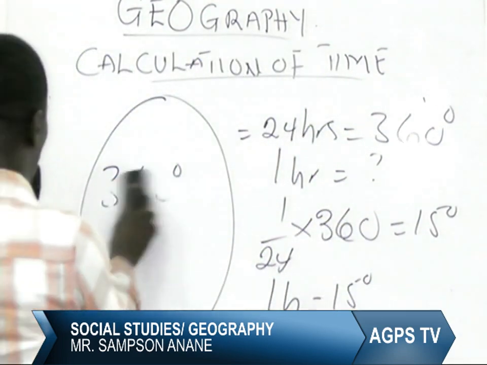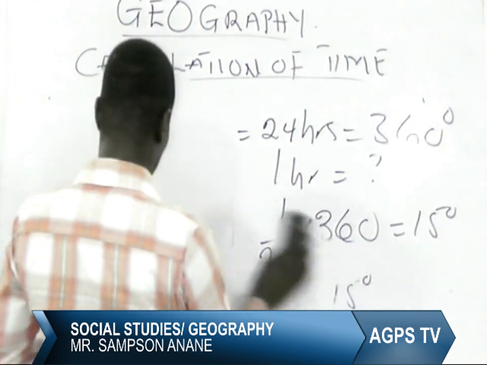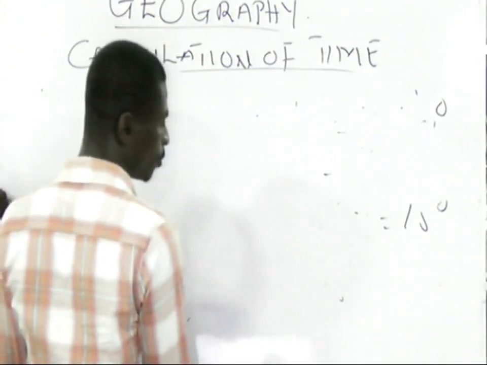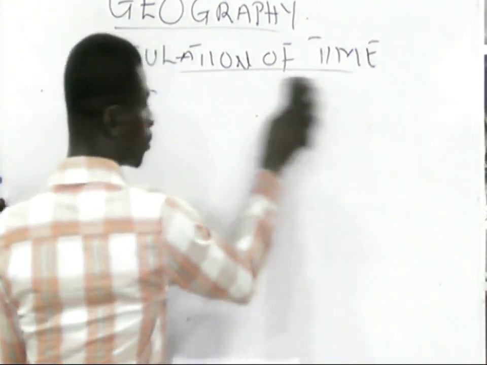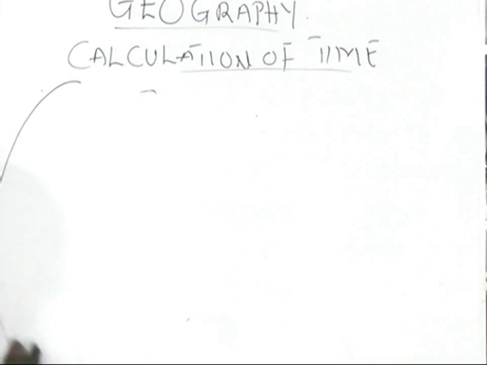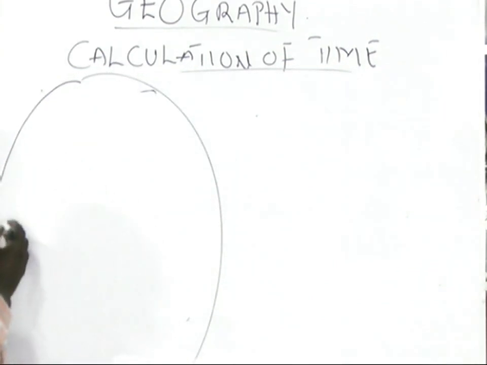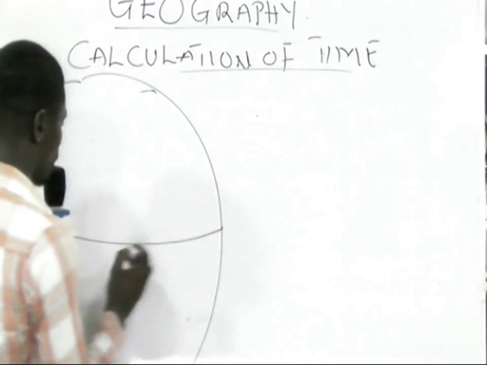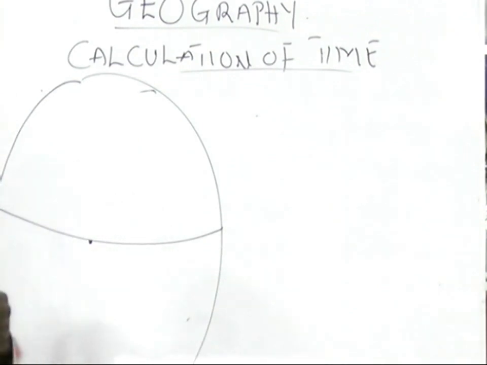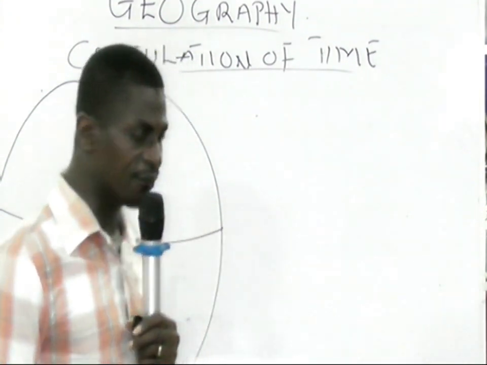So let me also draw a bigger circle. And then let me draw my longitudinal line, and pick a middle point. Because I have just shown the 15 degrees for an hour, let me make them 15, 15, 15.